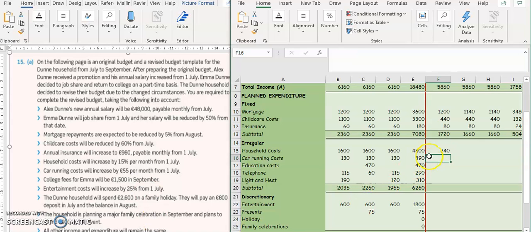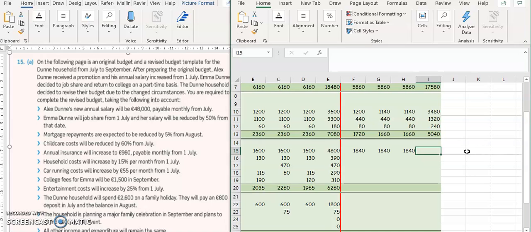So they're going to increase by 240. So we need to add this 240 on to the 1,600. So 1,600 plus 240 is going to give you your new household cost, 1,840. And then for your total, multiply 1,840 by 3.